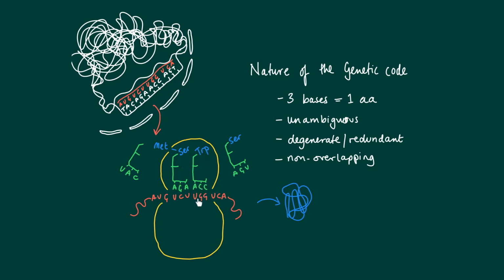And so I hope you can see that the order of these amino acids is completely due to the order of the codons in the mRNA. And where did the sequence of bases in this mRNA come from? Completely complementary to the sequence of bases in the DNA.